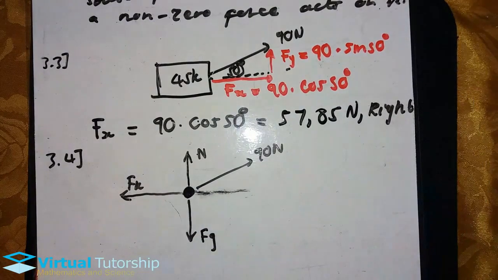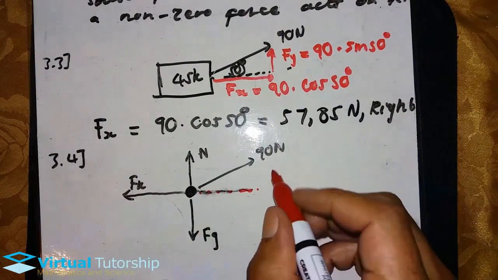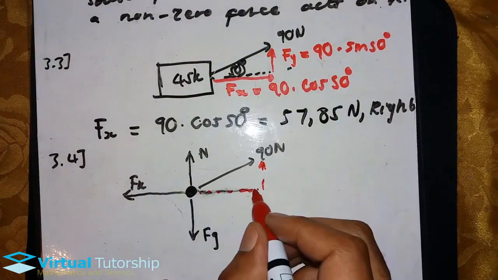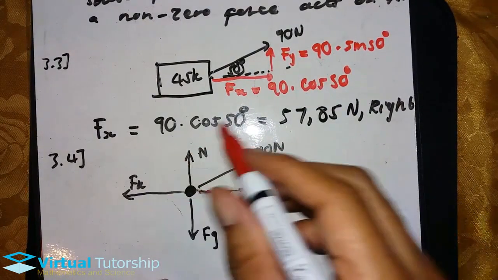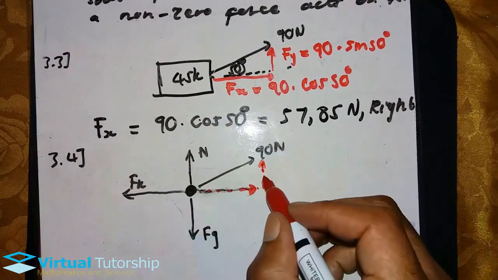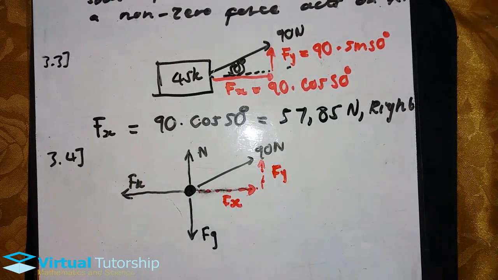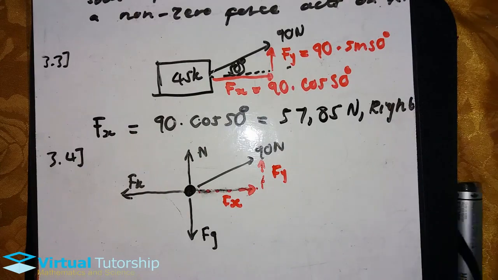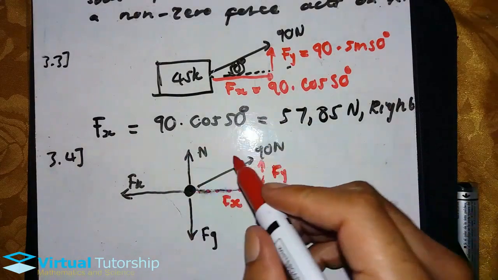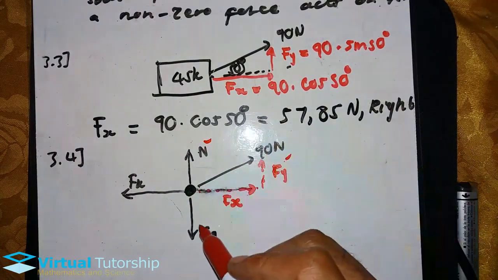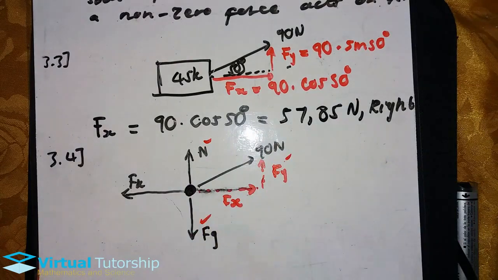The components you may forget, and they are not required in a free body diagram, but that's why I'm using dotted lines to show them. So look here vertically, there are 3 forces at play.